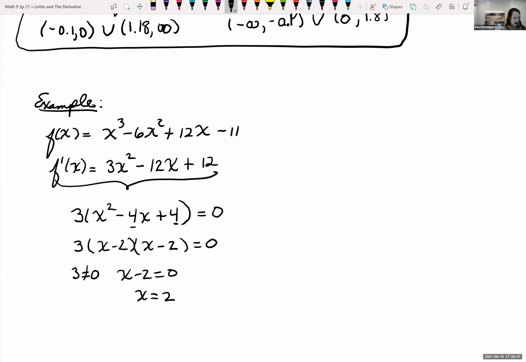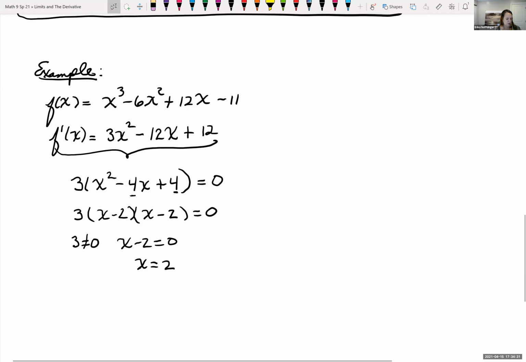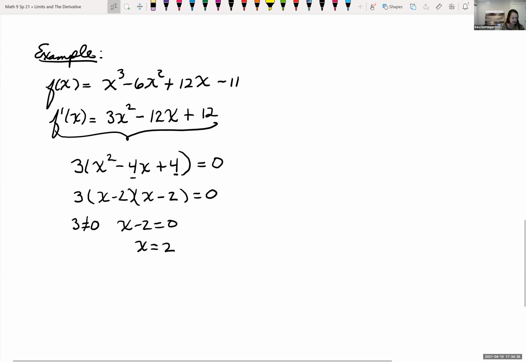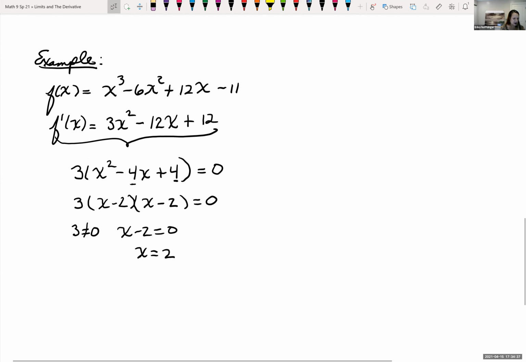I don't have to write this out twice. If you'd had college algebra, we would know that that multiplicity is even, and so it's just going to touch the x-axis. Actually, this is the derivative, so don't worry about that. Okay, so x equals 2 is our only critical number.